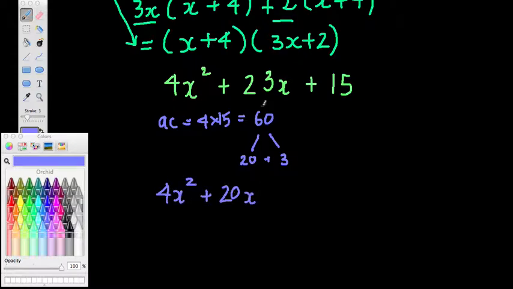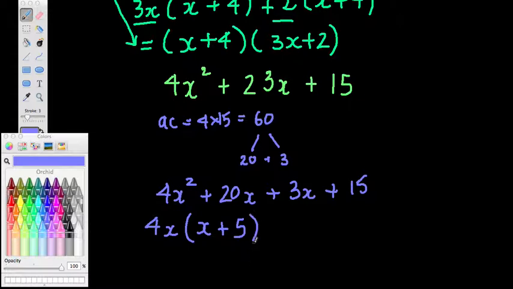Split that middle term into 2, so 20x and 3x. Now let's factorise the two parts, so 4x squared and 20x. What goes into both of those? 4x. 4 times 5 is 20. Now let's factorise this part here.